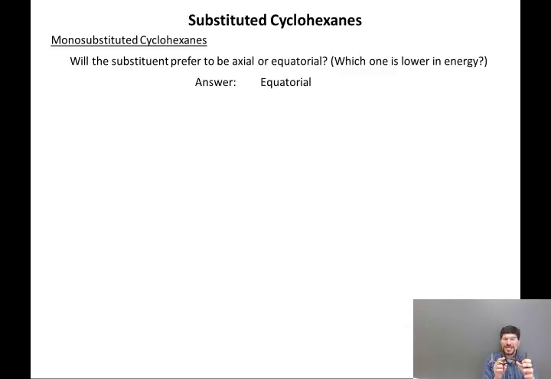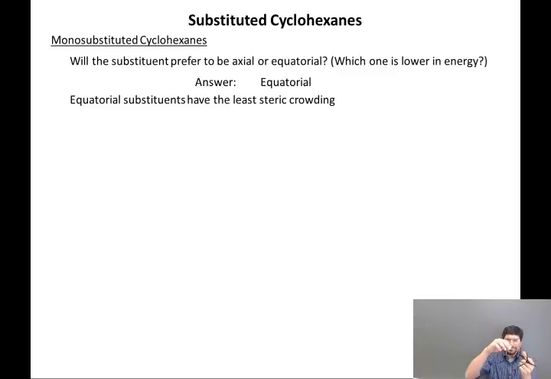Well, the answer is equatorial. And that may not be intuitively obvious to you, but in reality, substituents in equatorial positions have the least steric crowding. In an axial position, it may appear that this CH3 for methylcyclohexane is out of the way of everything else because it's outside of the main plane of the molecule, so to speak.